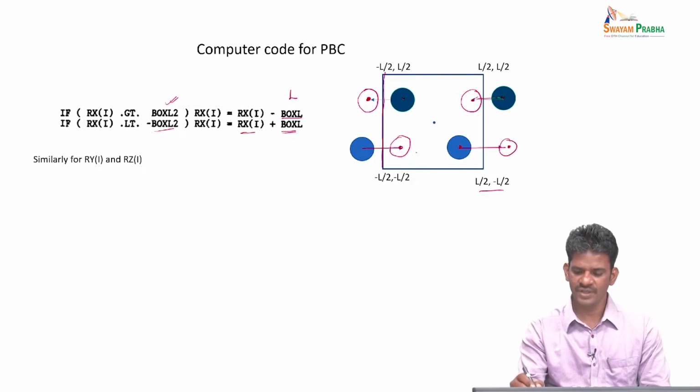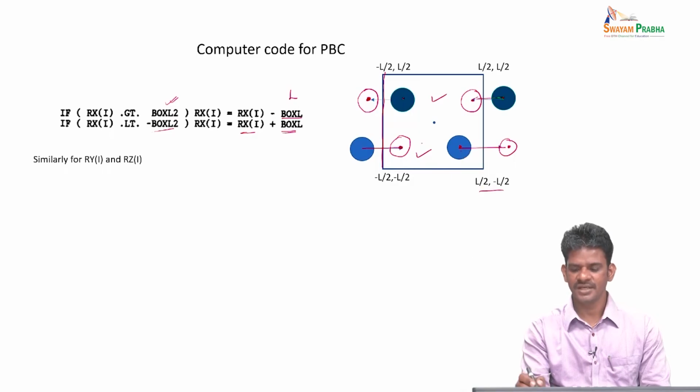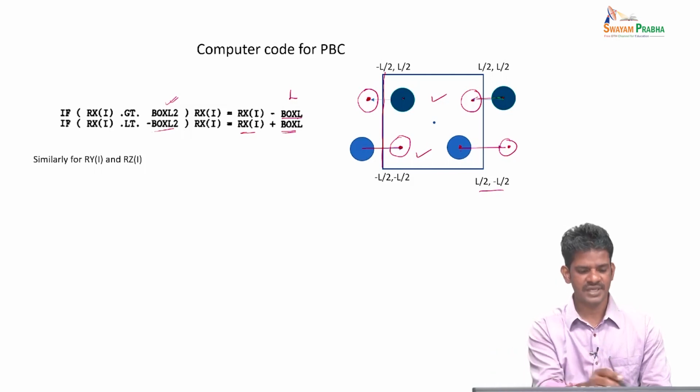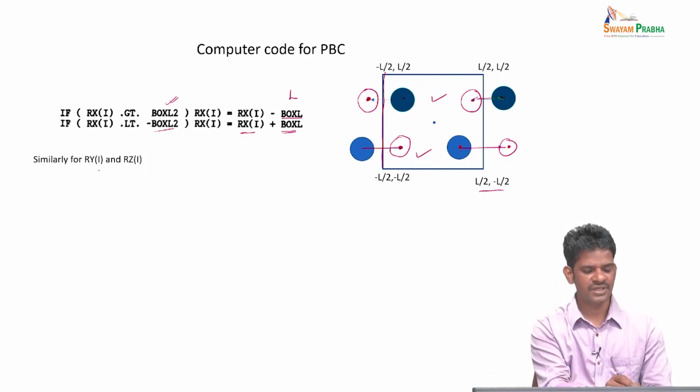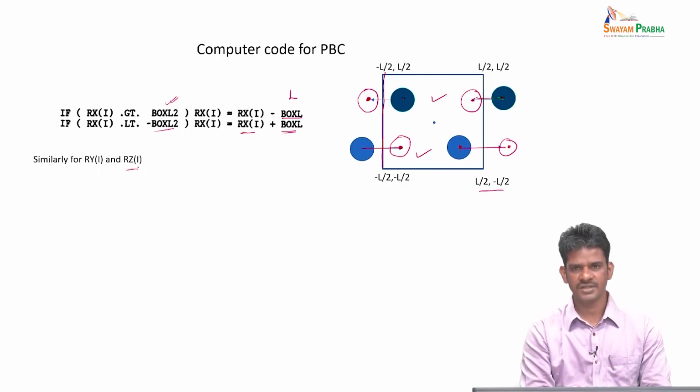You can see that in either operation, whenever a particle crosses the boundary, another particle from the image comes back, so the number of particles in the simulation is conserved. We check whether the movement is left to right or right to left for all the coordinates, just like we have done for Rx. A similar thing has to be done for Ry and Rz also.